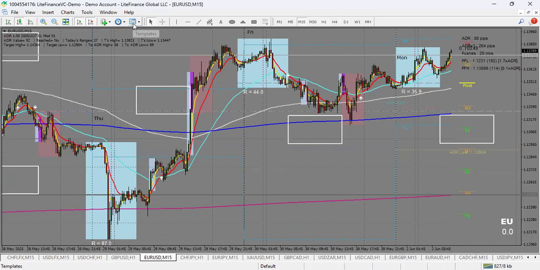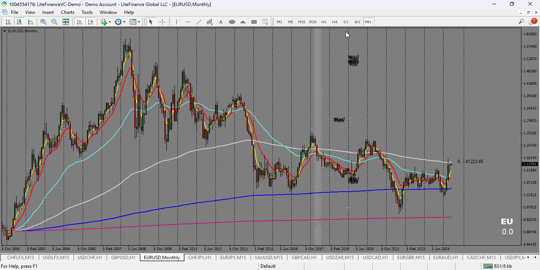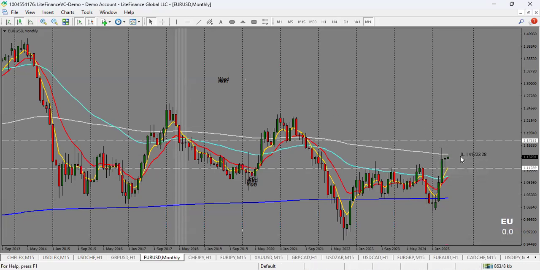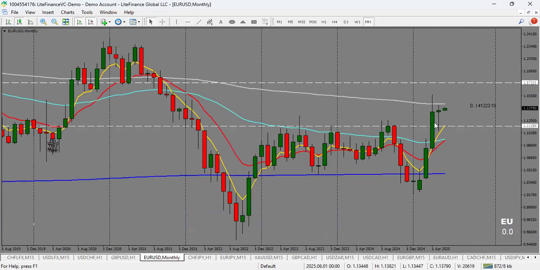Now let us look at EUR USD. Let us start with the monthly time frame. Here we are looking at the market structure. We have a very strong bullish market structure here, and we are about to break this 200 EMA.